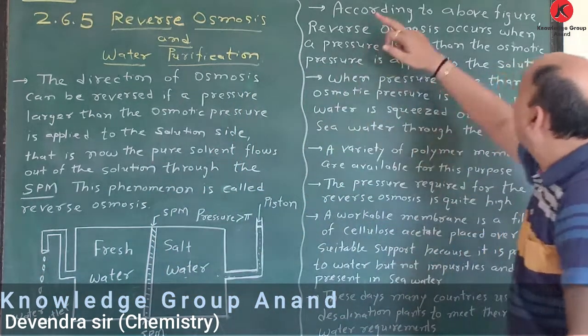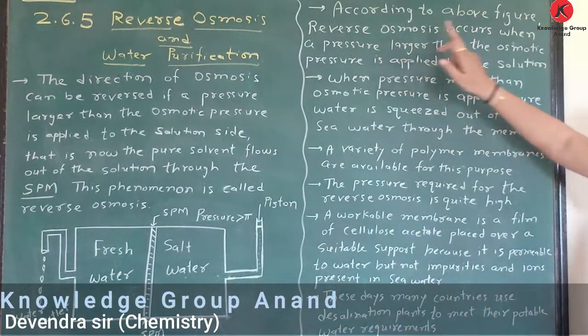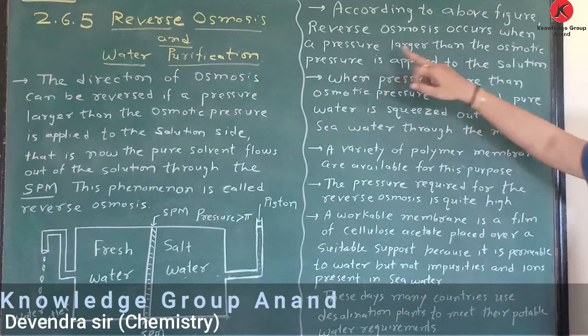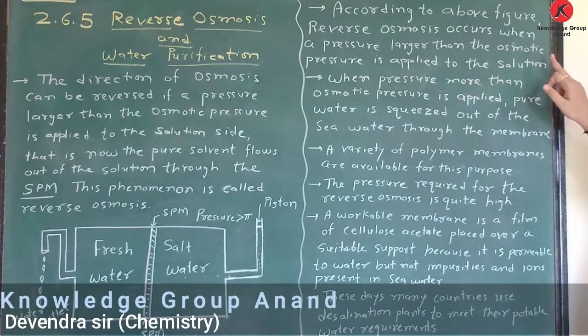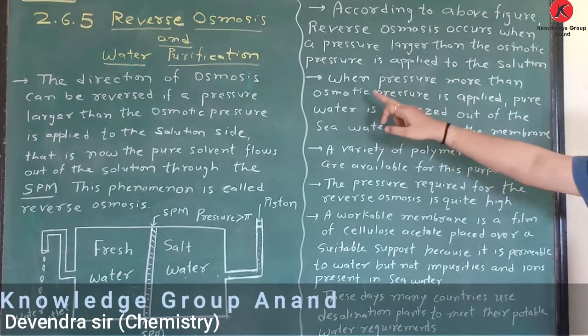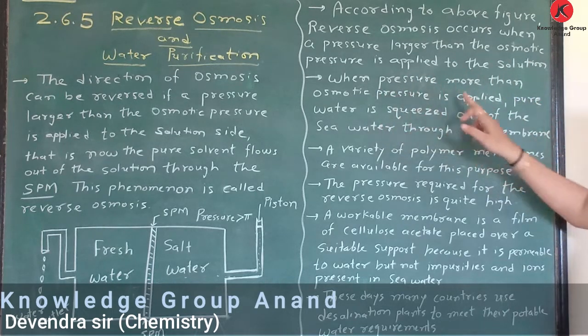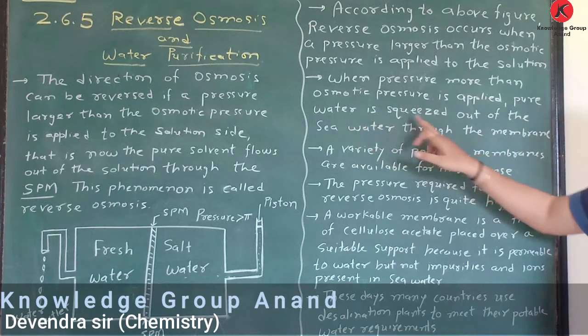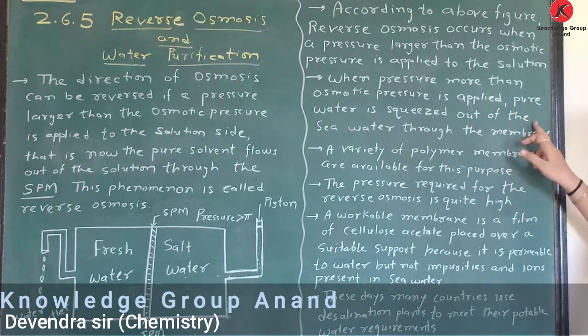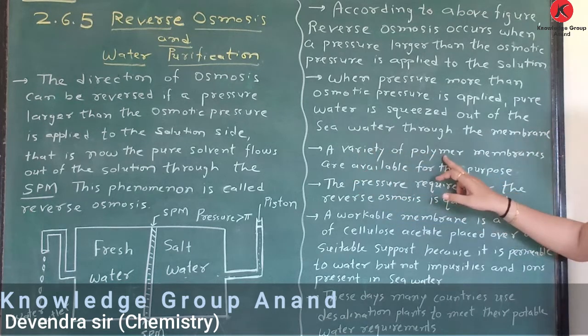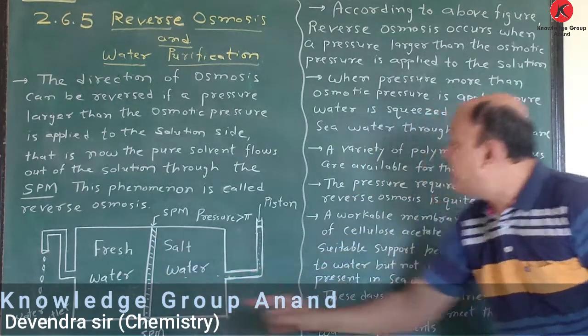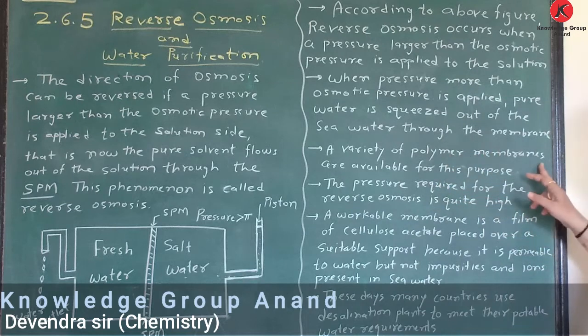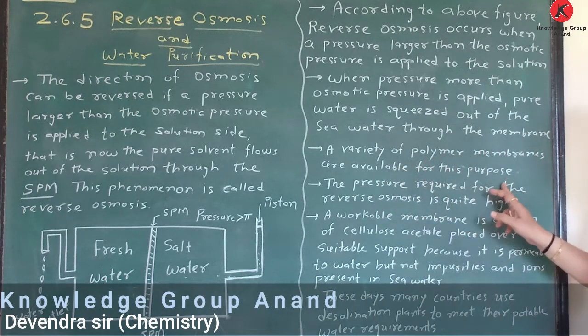Okay, just you see. According to the above figure, reverse osmosis occurs when a pressure larger than the osmotic pressure is applied to the solution. When pressure more than the osmotic pressure is applied, pure water is squeezed out of the seawater through the membrane. A variety of polymer membranes are available for this purpose.